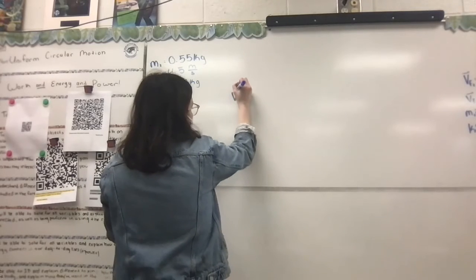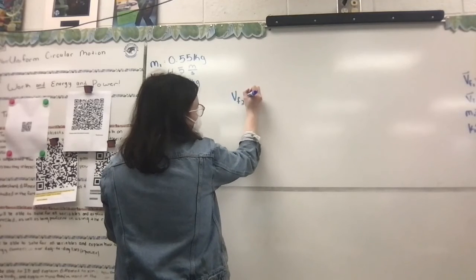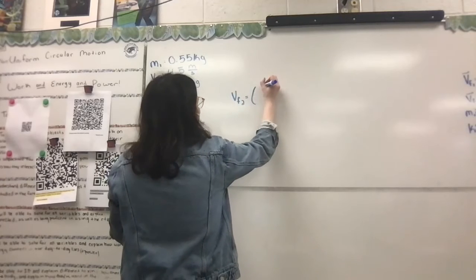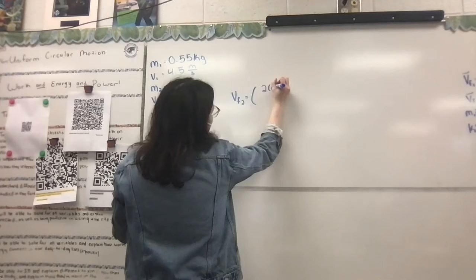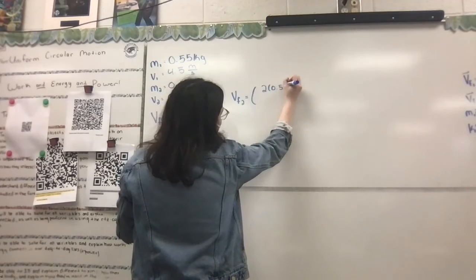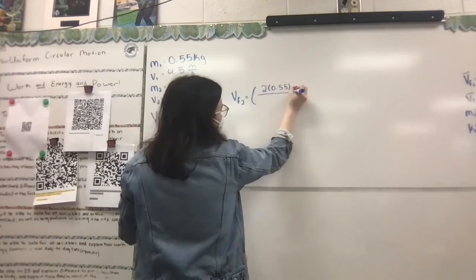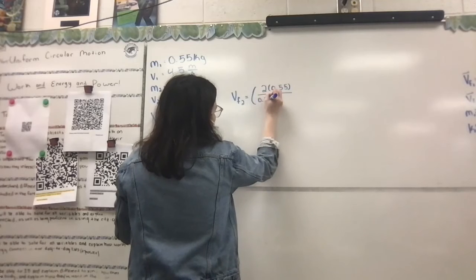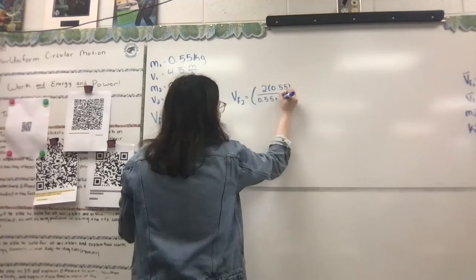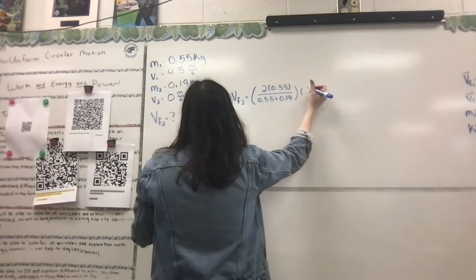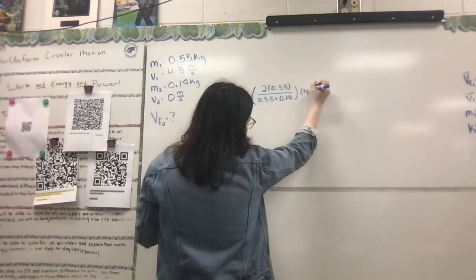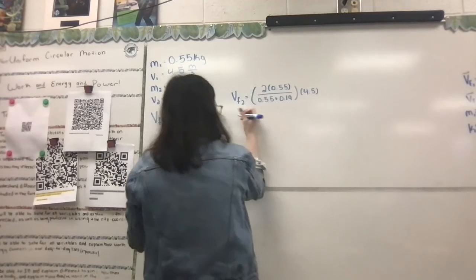So if we're looking for VF2, we're going to have 2 times mass 1, which is 0.55, divided by mass 1 plus mass 2, multiplied by our initial velocity, which was 4.5.